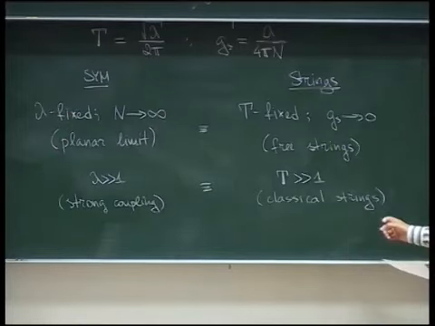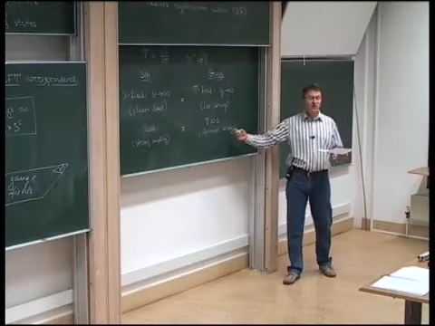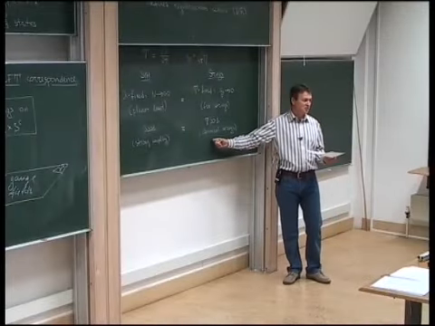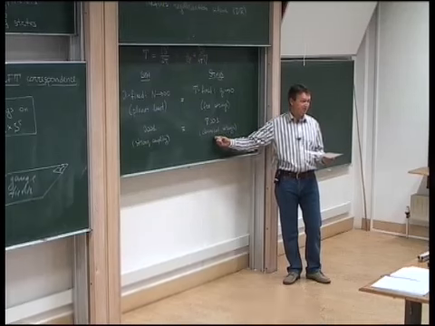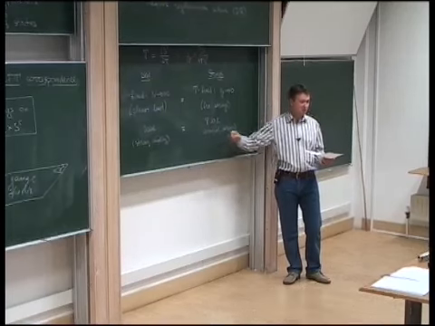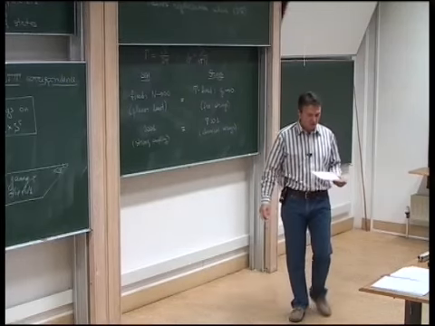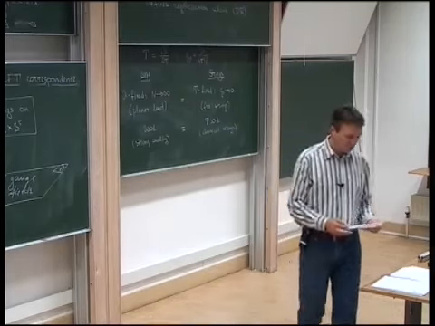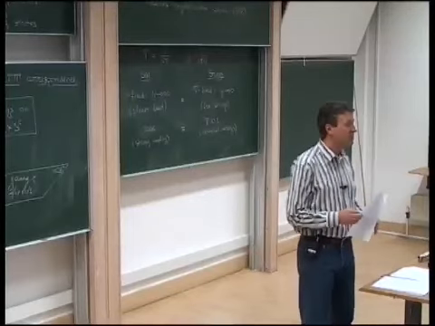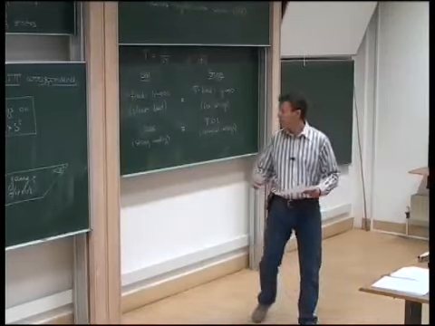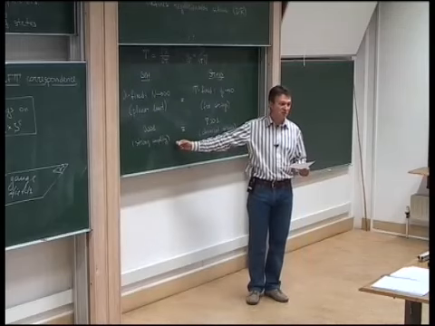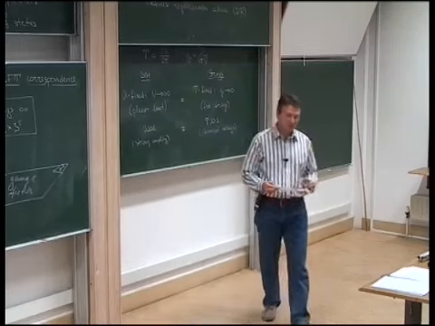So now we should be able to understand how a classical string behaves even in this curved background. So in this sense, we completely understand what happens in this strong coupling limit of the super Yang-Mills theory.